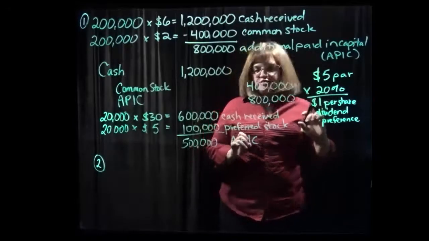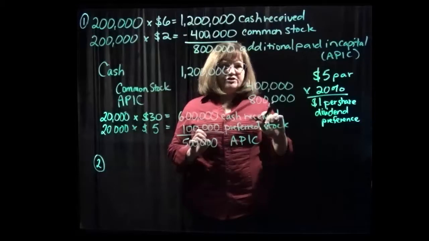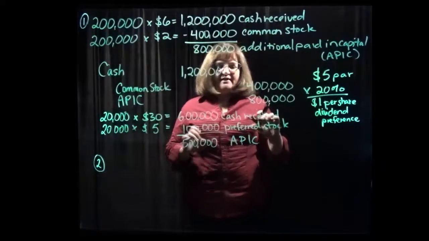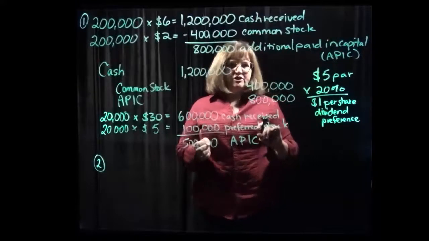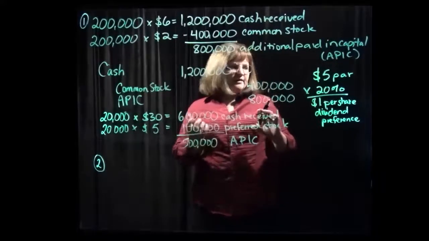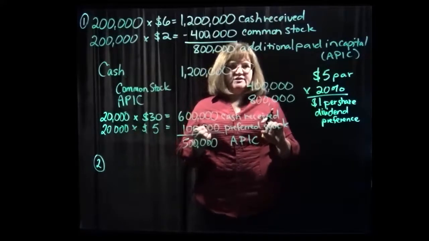So in this case, they're going to declare a $1 per share dividend to the preferred shareholders for the current year. And then anything left on top of that that they're paying in dividends will go to the common shareholders. In this company, they're paying $250,000 in dividends this year.